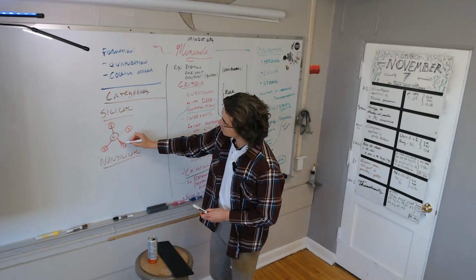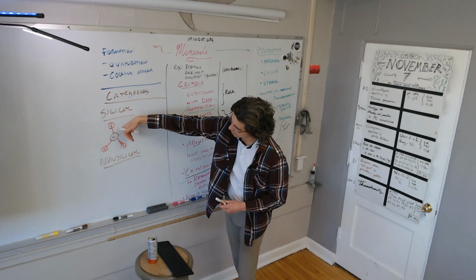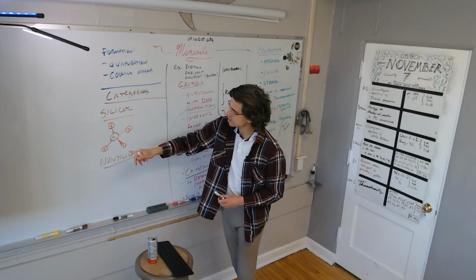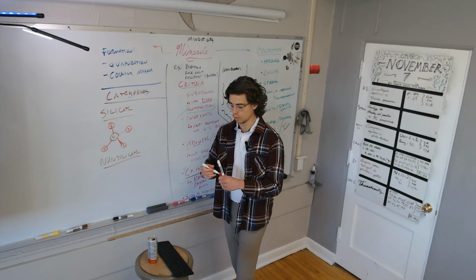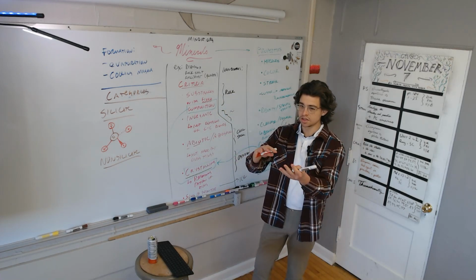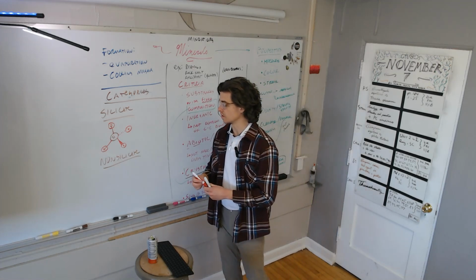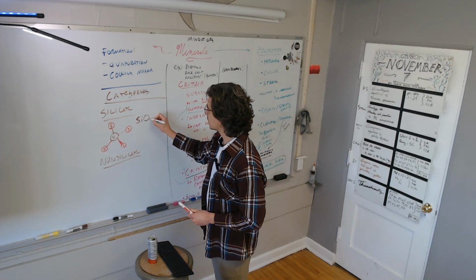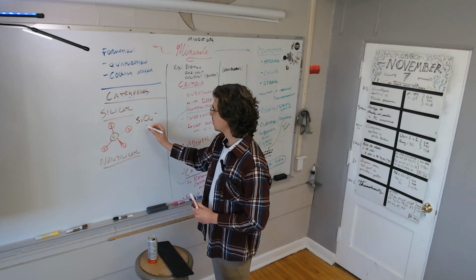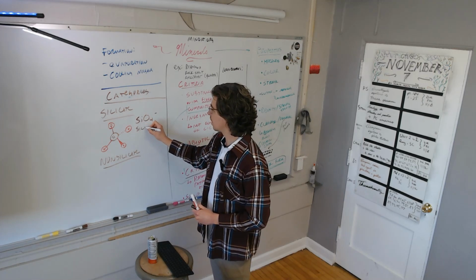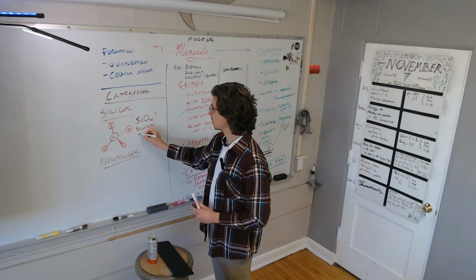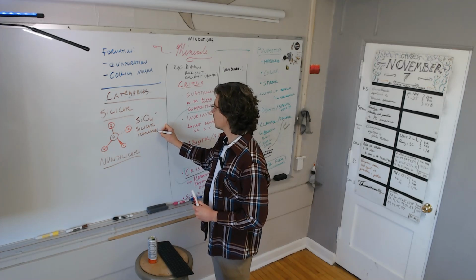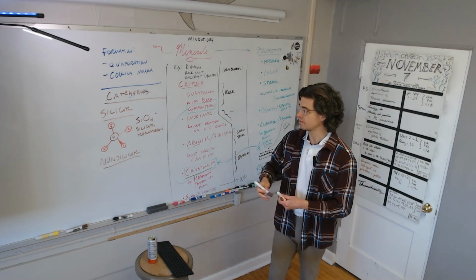So this one with the kind of fat leg represents that it's coming out towards us, and the dotted one represents it's going back into the board. In 3 dimensions, they're arranged so that there's 90 degrees between each of them. But this is called the silica tetrahedron. It's a polyatomic ion, SiO4, and it's called the silicon or silicate tetrahedron. And all of the silicate minerals have this as their base.